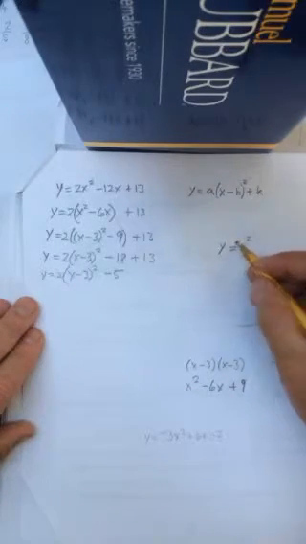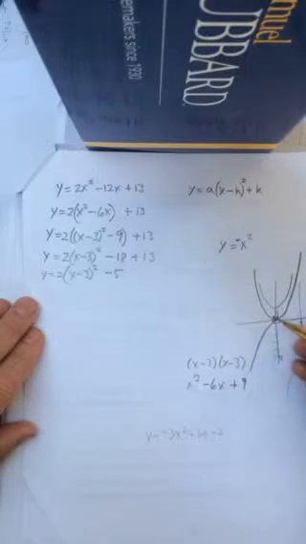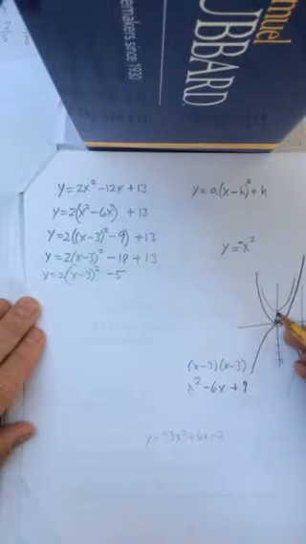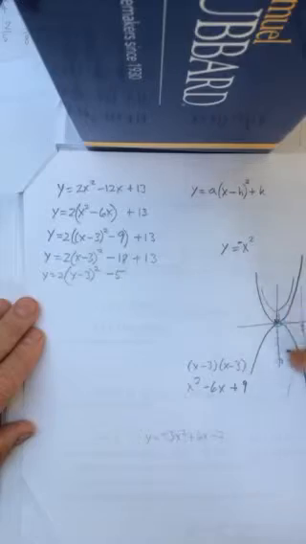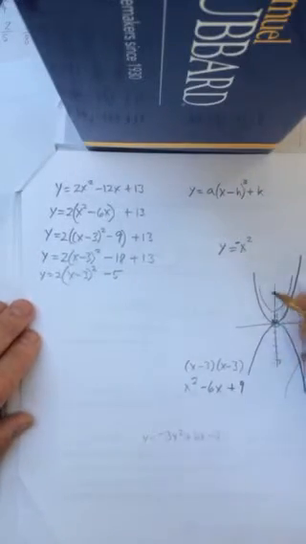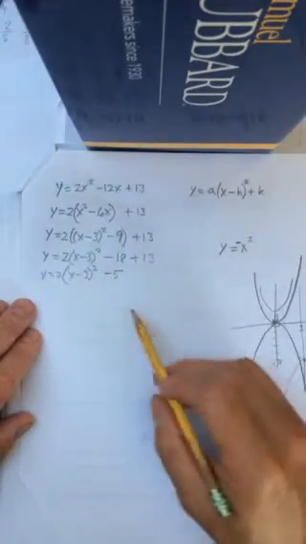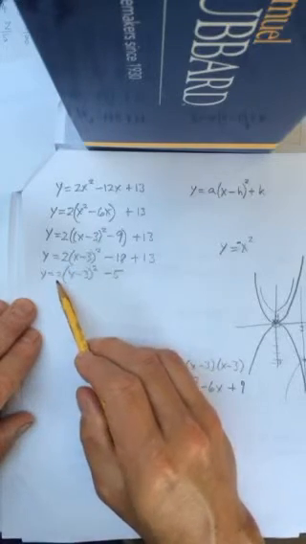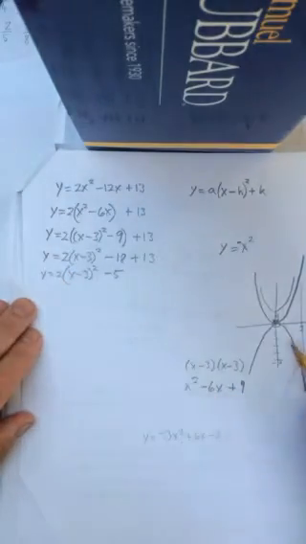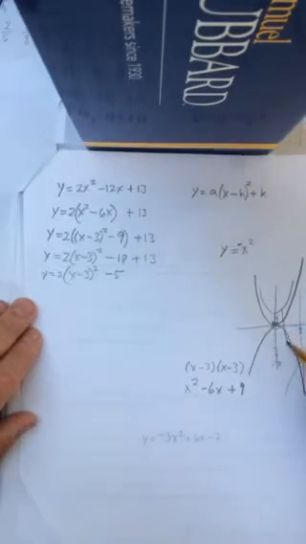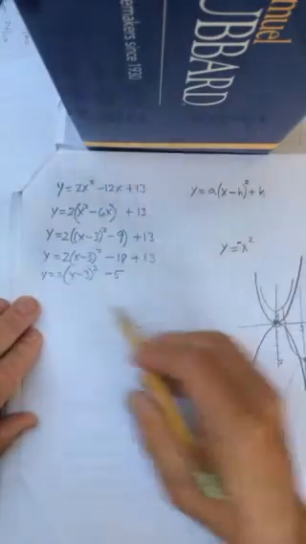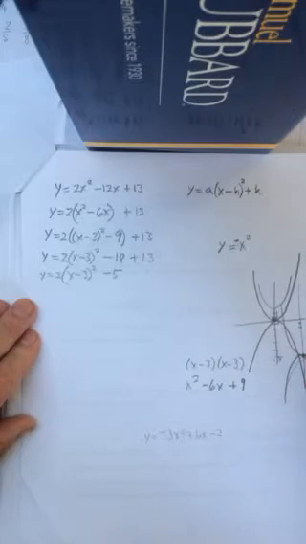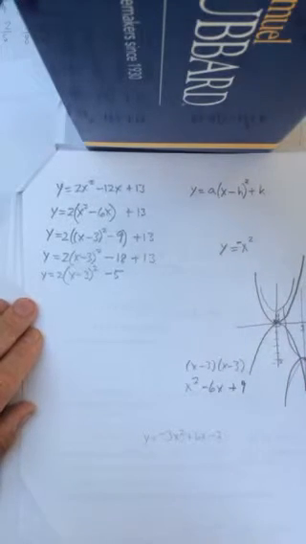If this is negative, then it's going to go like that. Everything's the same except it's the negative version of the same thing. And since this coefficient over here is positive, it's going to be this kind that opens upward. If that was negative, then it would be that. So that's how you do it.